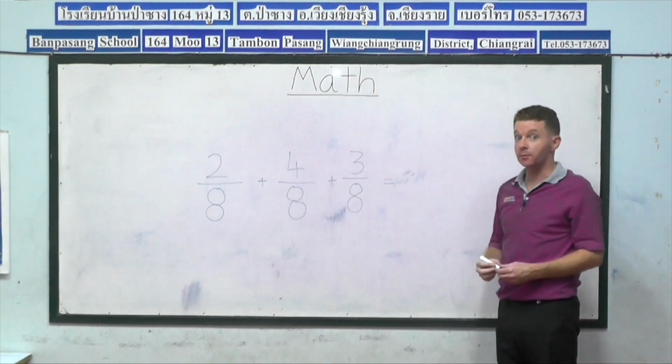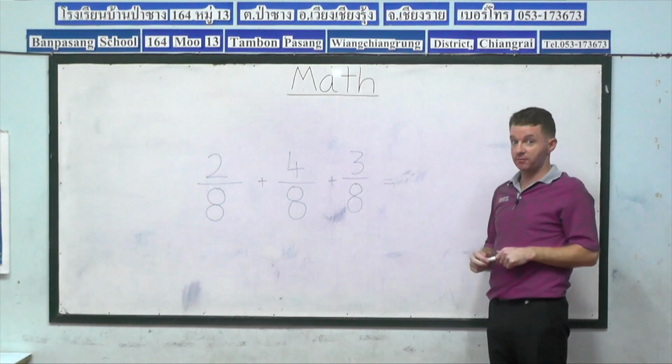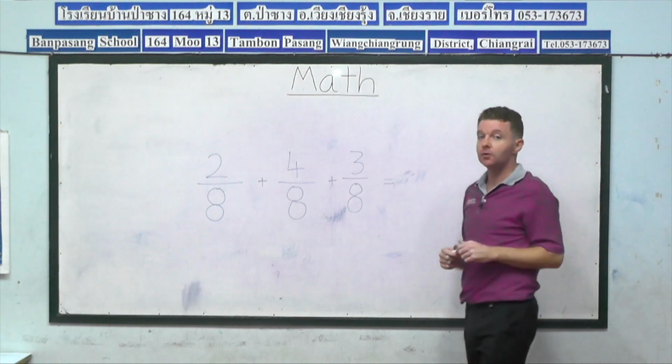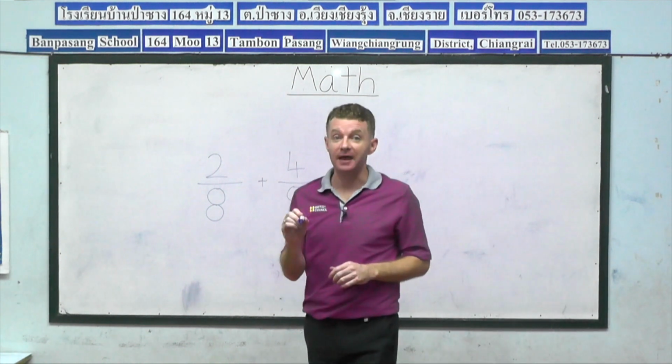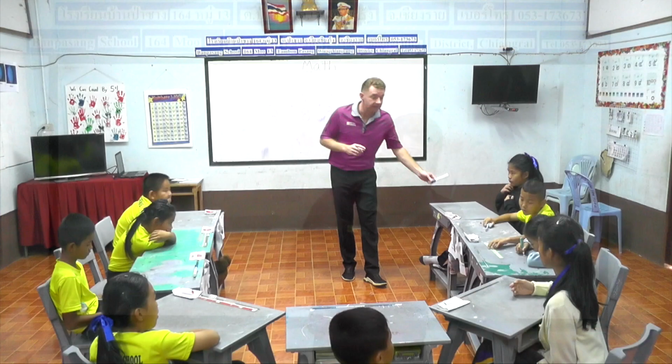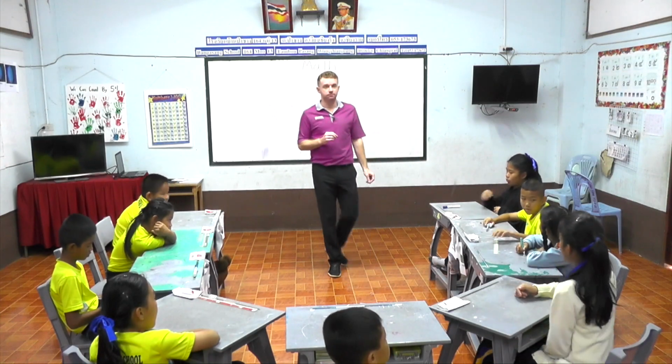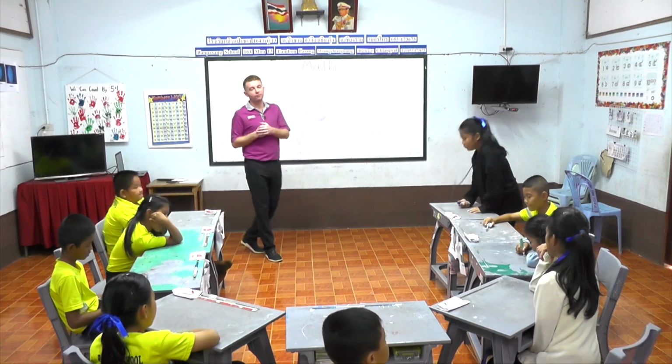Okay, so this time we're adding together 3 different fractions. So let's see who can correctly demonstrate how to answer this problem. And now the pen is with Lacau. So Lacau, come and join me at the front, please.